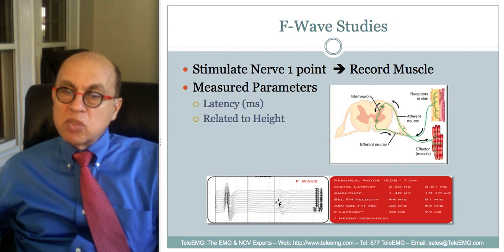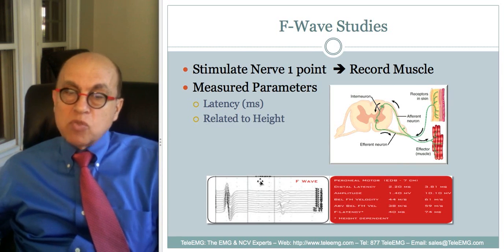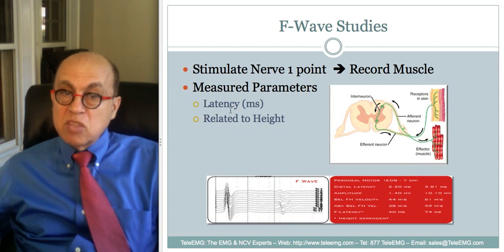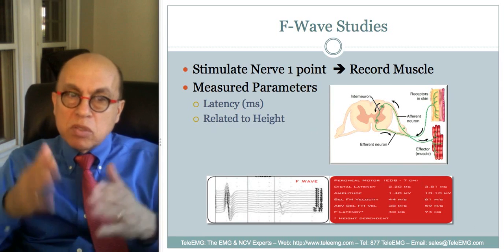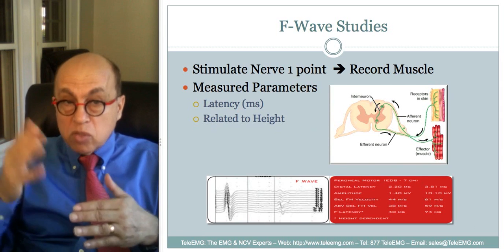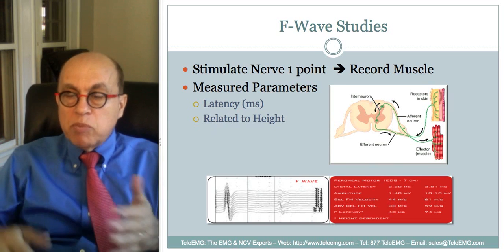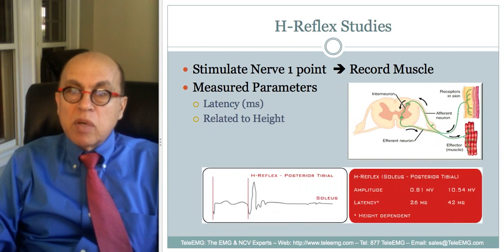See how long it took to get there? That's the F wave. We do it like in the upper extremity. We measure its latency and we correlate it to height, obviously, because taller people would take longer to get up to the spinal cord, shorter people would take less time. So you have to correlate it to height.